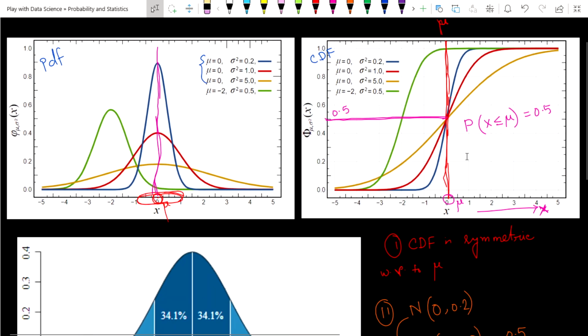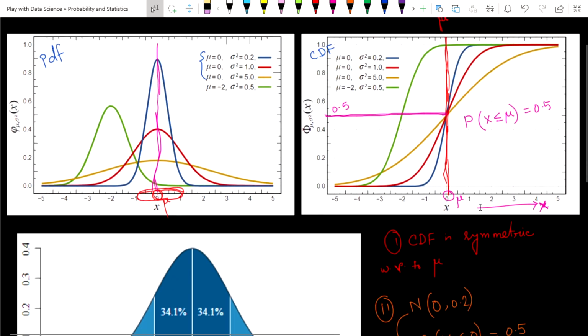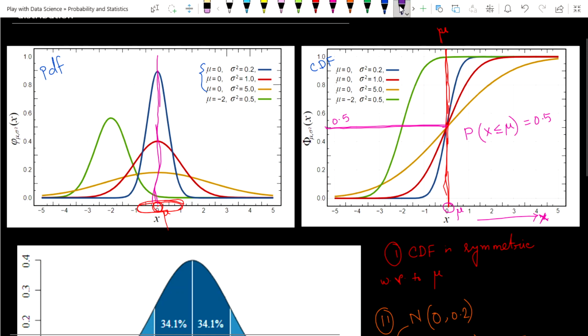Now the second thing. Suppose I am taking a point here, 0.8, on the blue curve with standard deviation 0.2. Here mu is equal to 0, this is 1, and between 0 and 1 suppose we take 0.4.